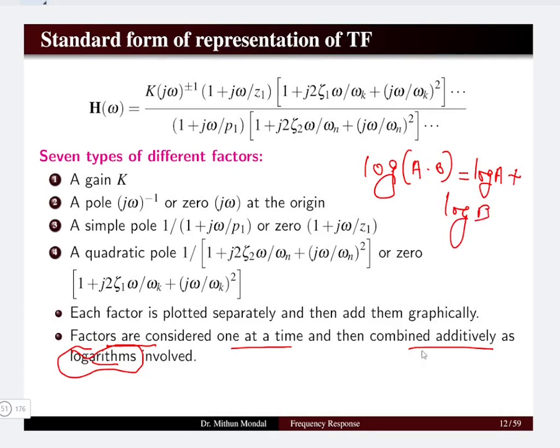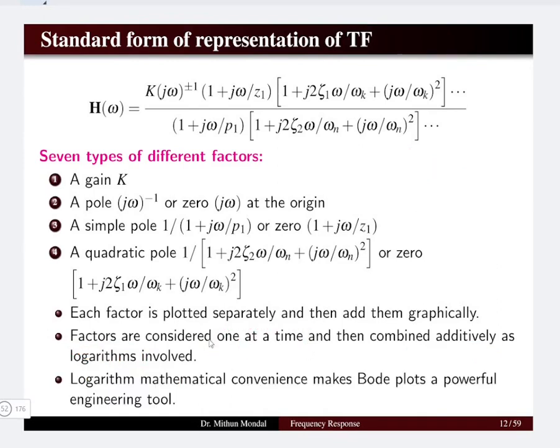So we have to add them when logarithms are involved, and each term will be taken one at a time. Now, this is a very powerful engineering tool, the Bode plot, because of the mathematical convenience involved with the logarithm. So, Bode plot has now become the industrial standard to represent the frequency response.